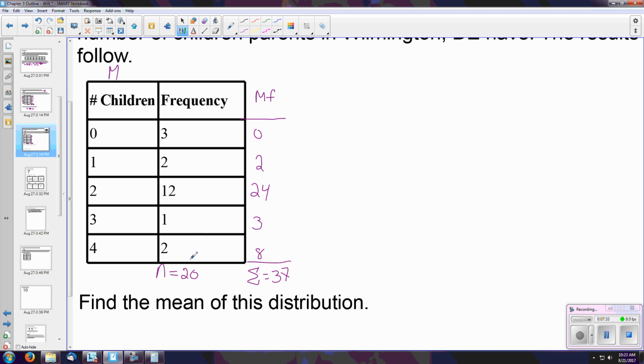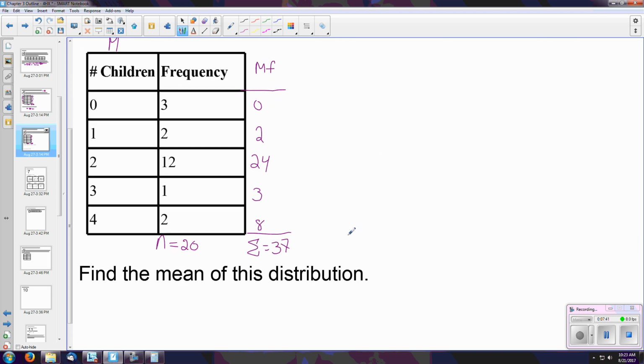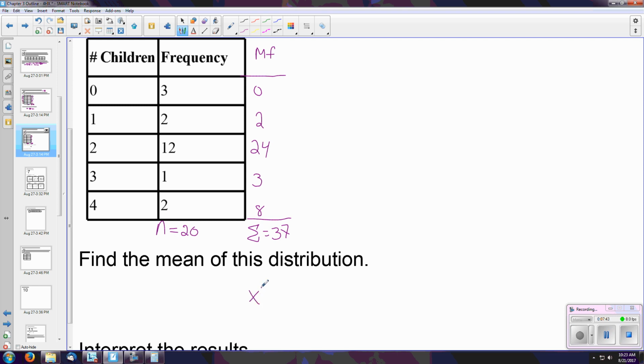We took a sample of 20 parents in Wilmington, Delaware, and now we're about to find out what the mean number of children they have is. So to get our mean, that's equal to the sum of midpoints times frequency, which is 37, divided by 20, which gives us 1.85.